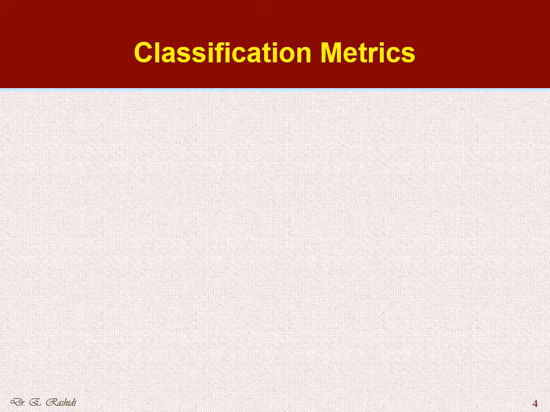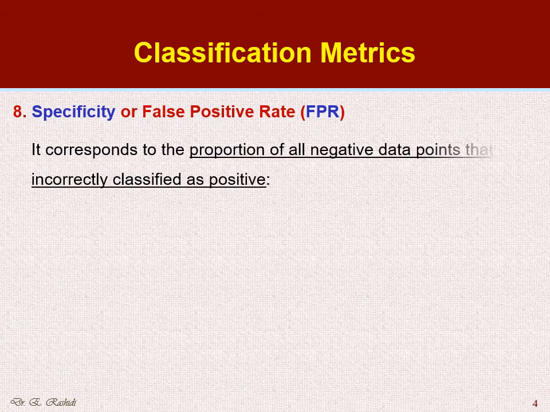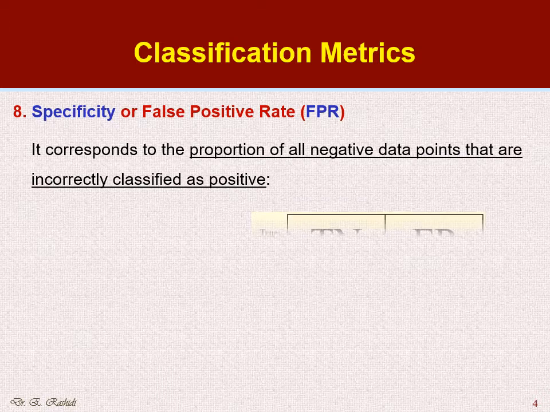Another classification metric is called specificity, or false positive rate, FPR. Specificity corresponds to the proportion of all negative data points that are incorrectly classified as positive.